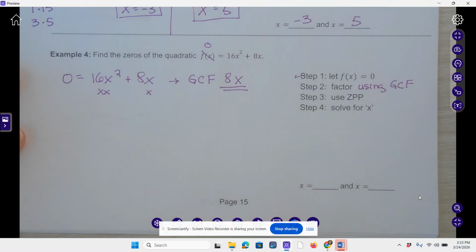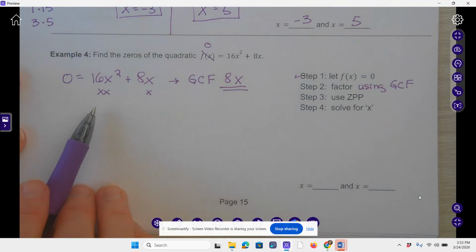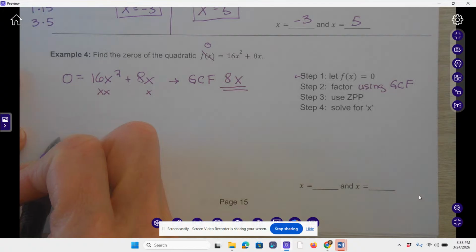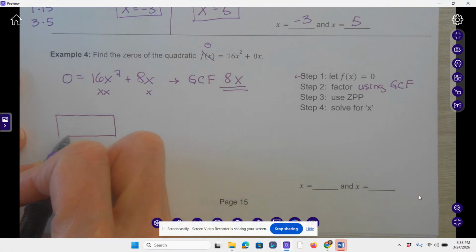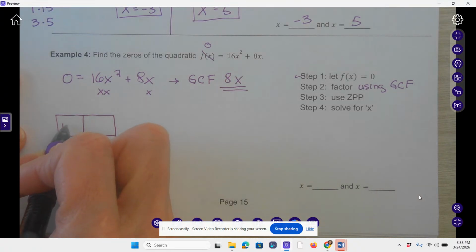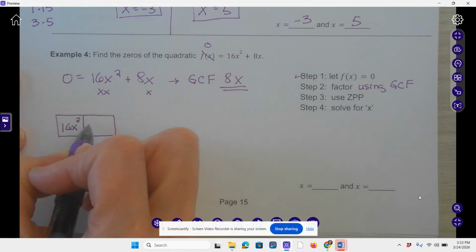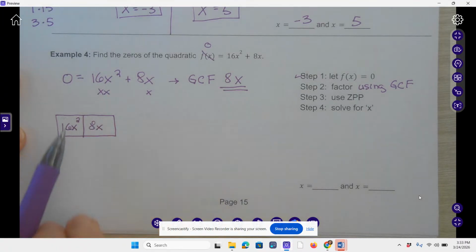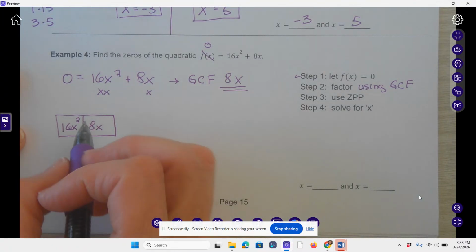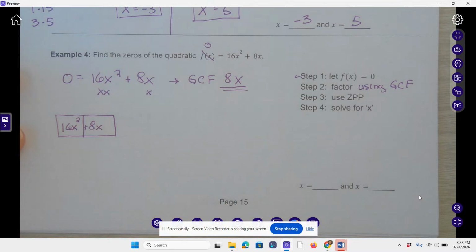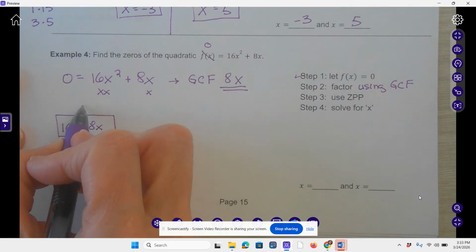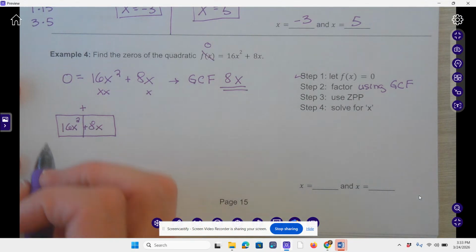Both of those factoring techniques that we learned in Chapter 7, we will keep using when we're solving our quadratics. In Chapter 7, we put what we were factoring in the box. So 16x squared, and this is positive 8x. And remember, we said if you have a plus there, you're going to have a plus up there.